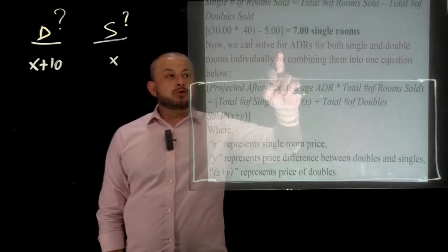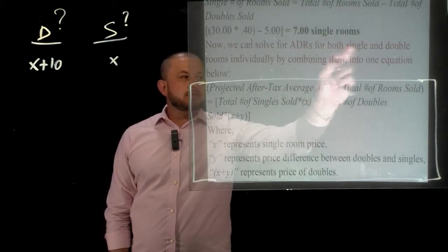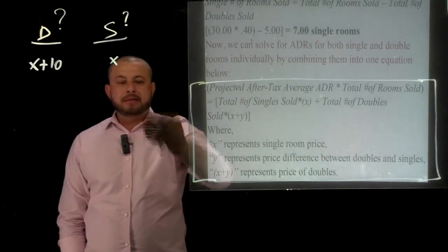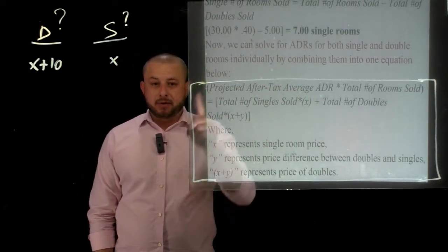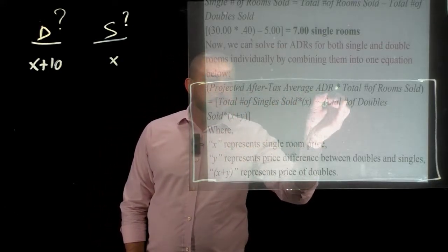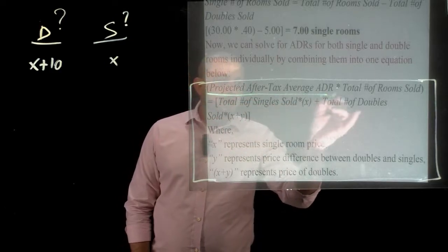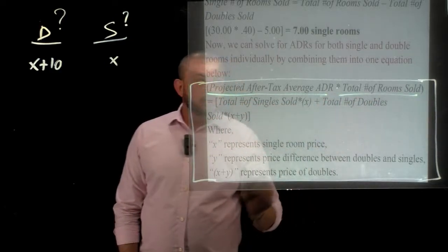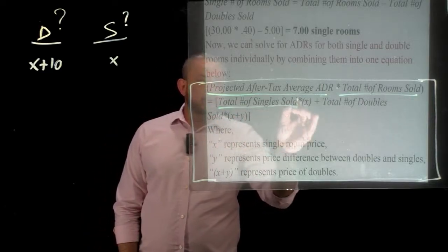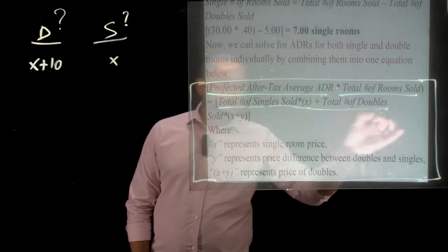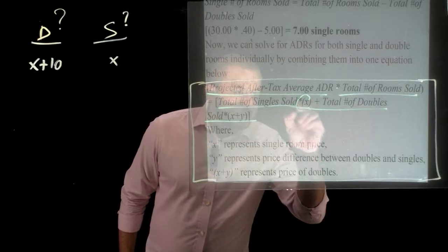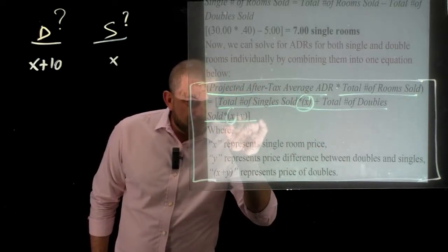In order for us to solve for ADRs for both single and doubles separately, individually, we have to combine them into one main equation. And the equation is projected after-tax average ADR multiplied by total number of rooms sold, which is equal to total number of singles sold multiplied by X plus total number of doubles sold multiplied by X plus Y. So this X right here is exactly the same X with this guy right here.